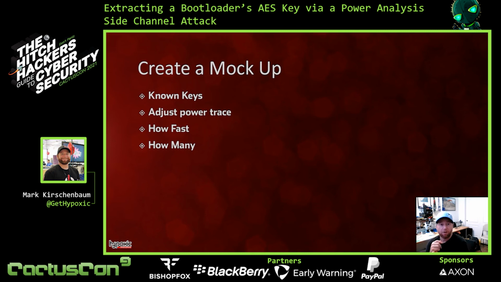So I would write some code, program it on the part, and then do power traces on it, just like attacking this part, and optimize your power trace. Optimize how many points I need, my voltage levels, all the inputs in the system, like my resistor value, how fast I need to capture data, how many points I need to capture, and really learn how this target reacts.